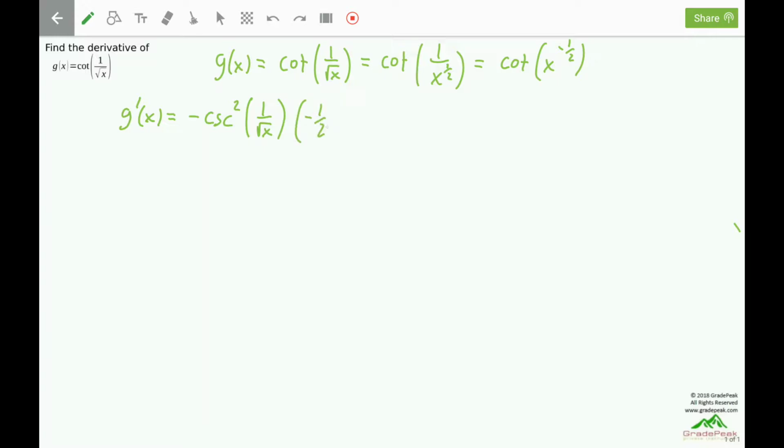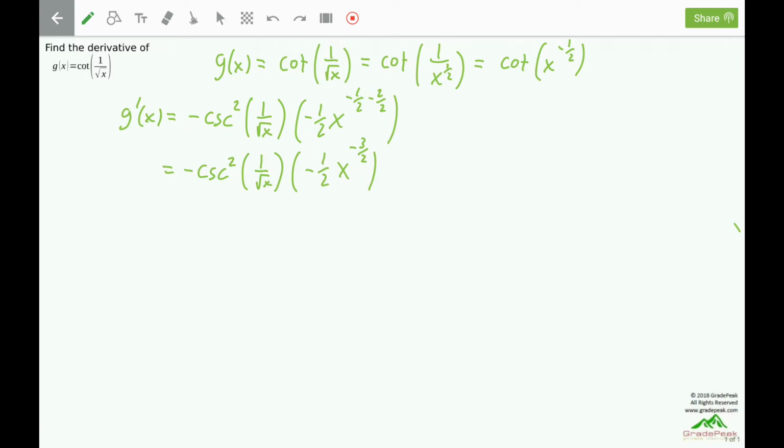Bring the power down, negative 1/2 x raised to the, and then we will subtract 1 to the power. I'm going to call it negative 2/2. So what we have here is negative cosecant squared of 1 over the square root of x, and then negative 1/2 x raised to the minus 1 minus 2 is a minus 3/2.